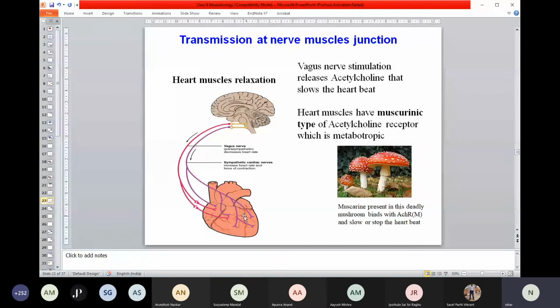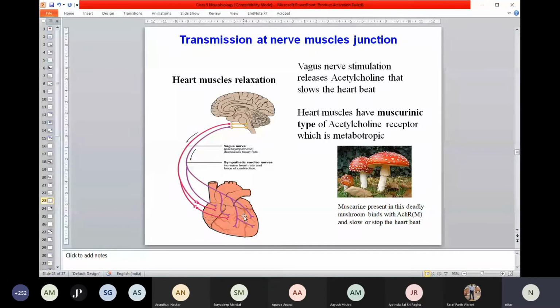In this case, the contraction or relaxation of the heart muscles is controlled by different neurotransmitters. But acetylcholine is also at nerve-muscle junctions, right? So at the nerve-muscle junction, acetylcholine is released, and its release in the heart muscle actually causes a completely opposite effect than in the skeletal muscle.